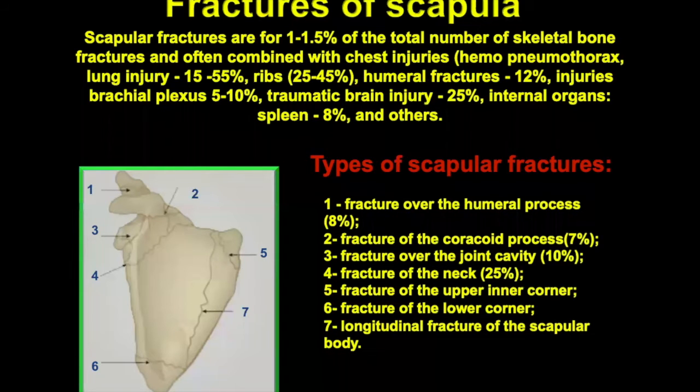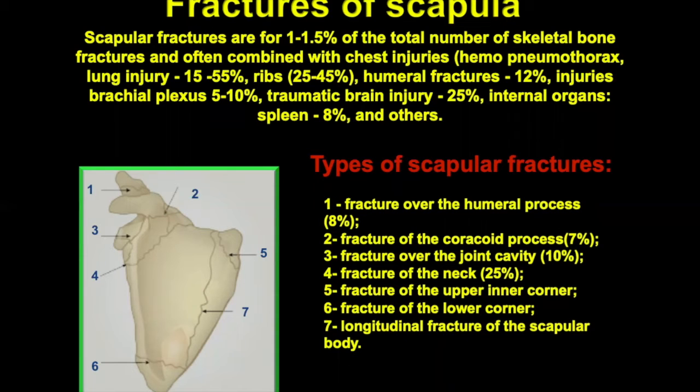So first of all, when we speak about upper extremity, we must speak about the scapula. Scapular fractures are not very widespread. It could be combined with chest injuries, and is very often a result of polytrauma, for example.